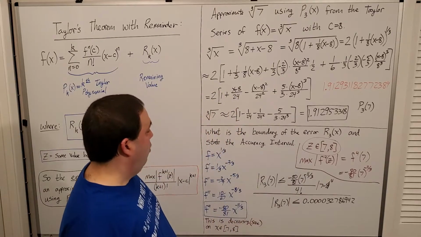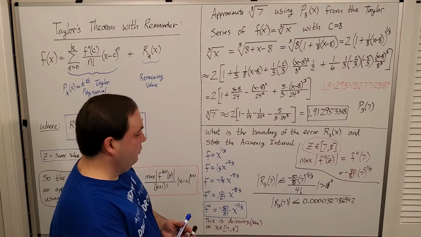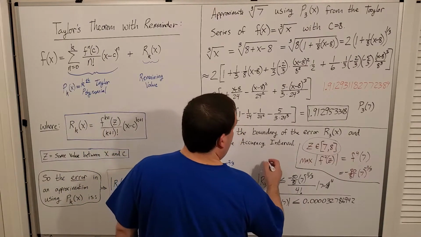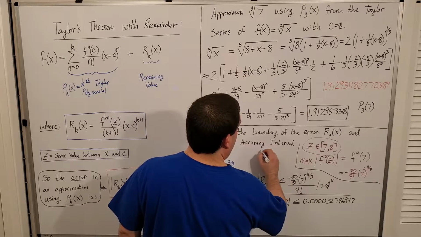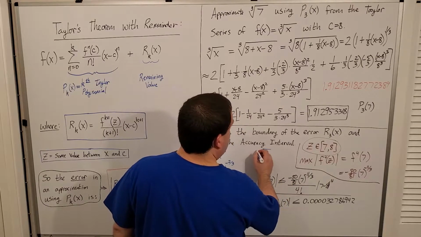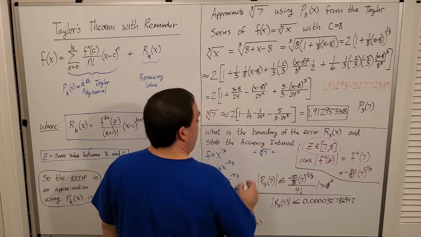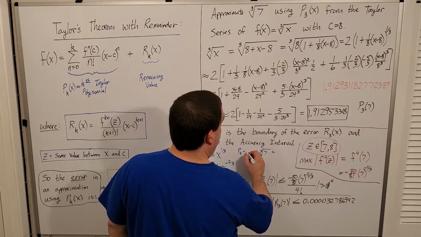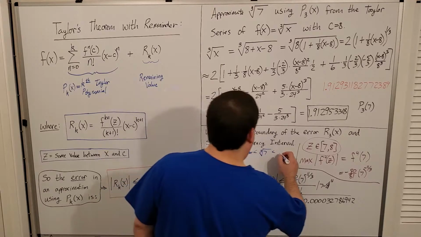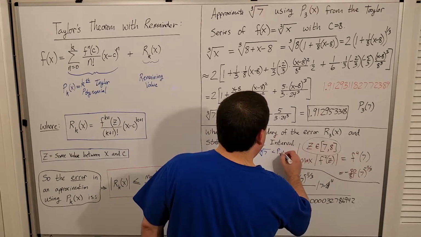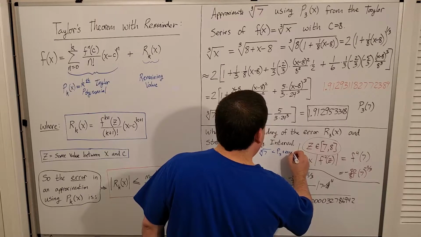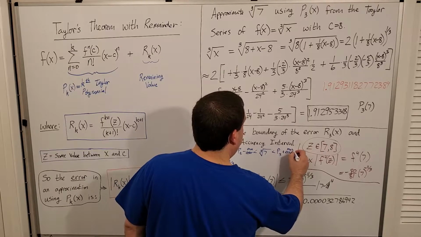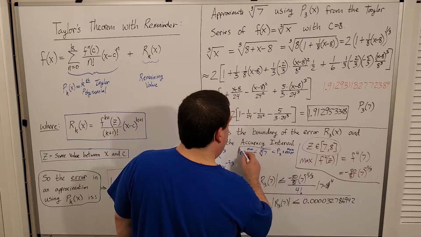Okay? Now, what's the accuracy interval? To do the accuracy interval, I'm just going to note that the cube root of 7 is going to be somewhere in between our P3 approximation minus my error all the way up to P3 plus my maximum error. Should be max error. That's what I mean by the accuracy interval.